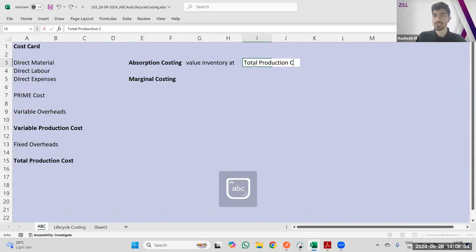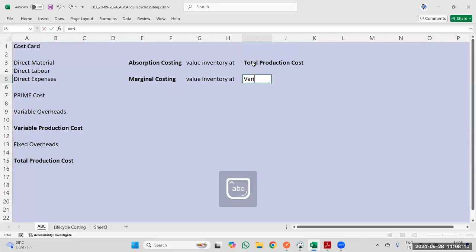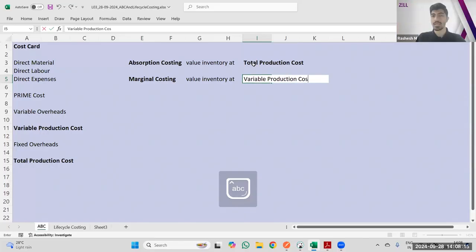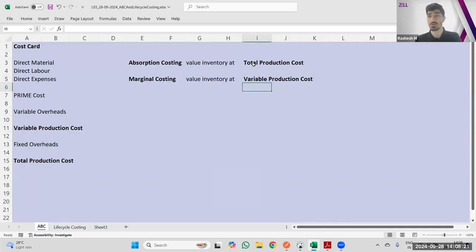And marginal costing values inventory at variable production cost. So this was a little bit from our revision of management accounts. We had done a cost statement also, profit statement also, all that's fine. And then we'd also gone one step further and covered target costing as a concept.